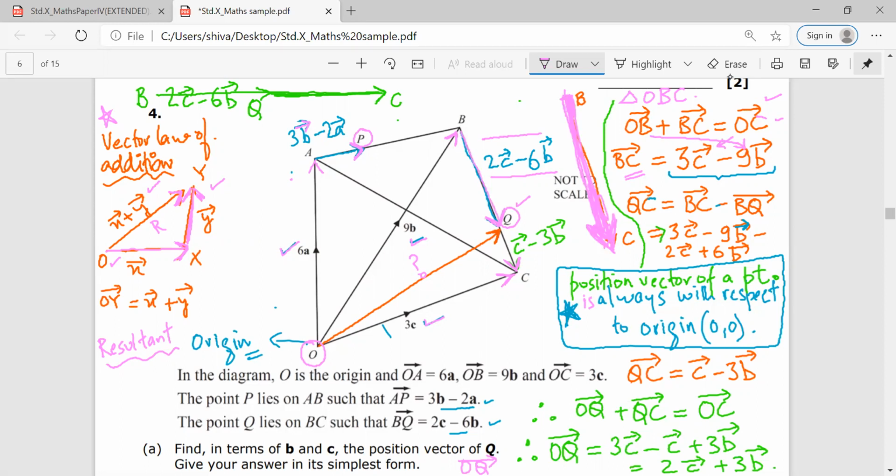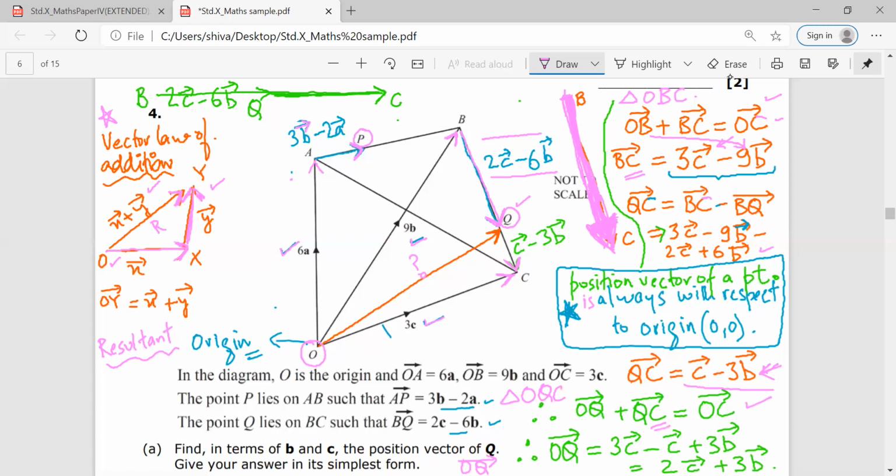And I just need to find the value of QC. I can find QC by subtracting the vector BQ from the whole vector BC. Any doubt? No, sir. In triangle OQC, OQ plus QC would be equal to OC. In the previous steps, I have already found the value of QC.